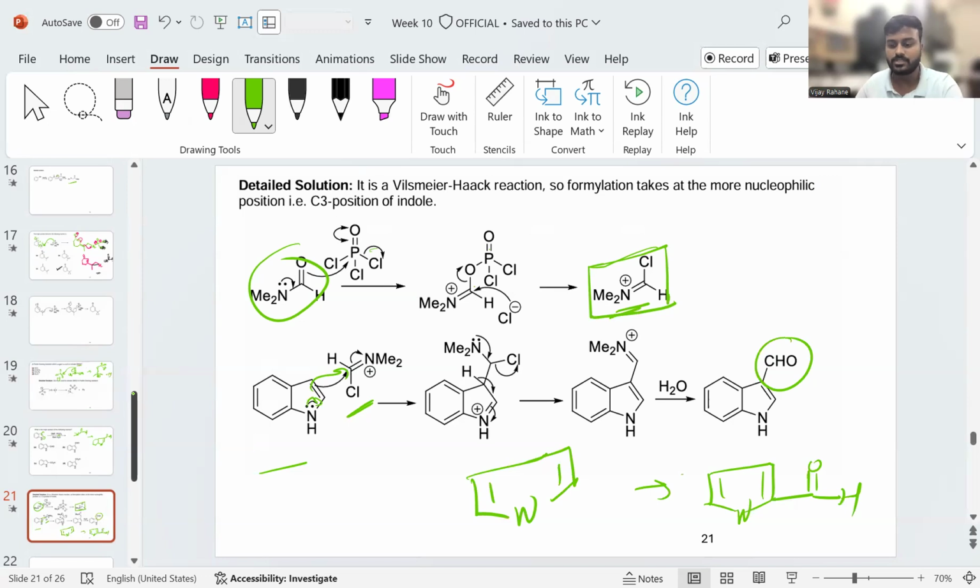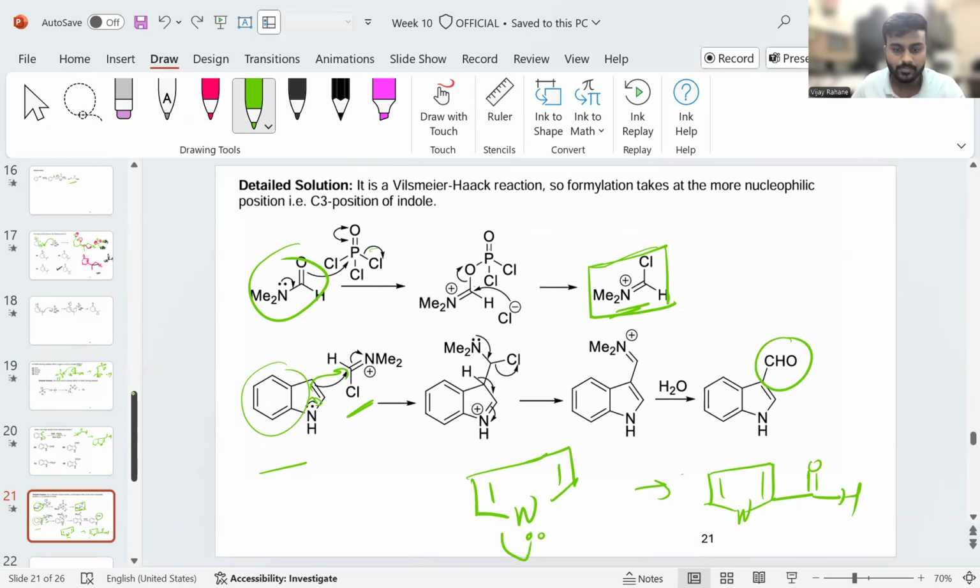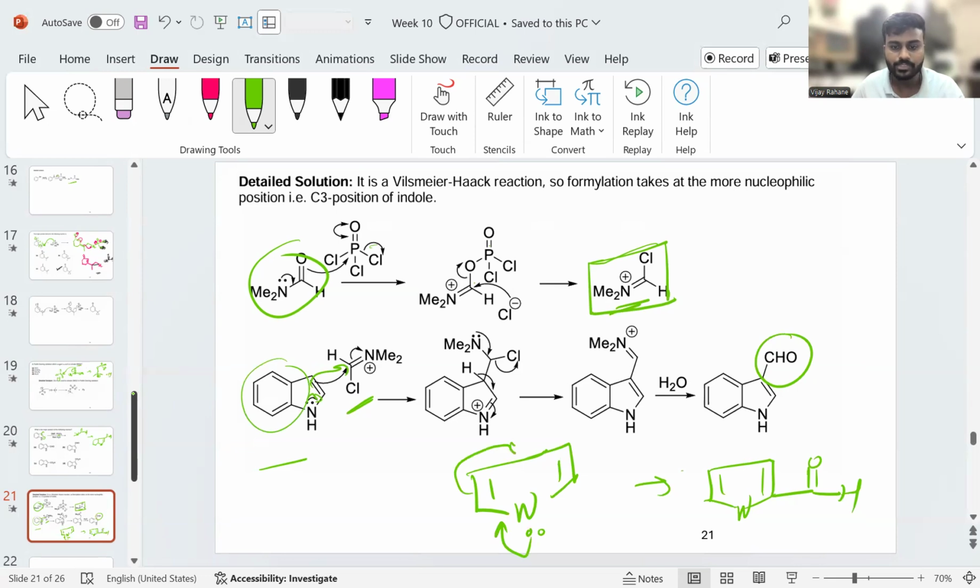This is because in this question there is no involvement of the double bond of this benzene ring, but here this lone pair moves to here, then it moves to here, and the attack takes place from this carbon on this formyl, on the electrophile.